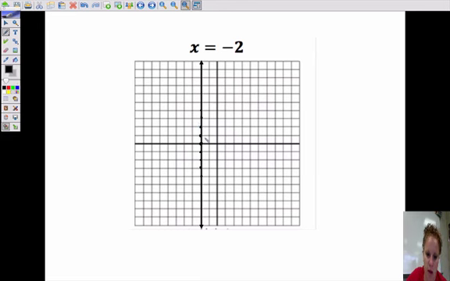And we can plot some points. This is -2, 0, -2, 3, -2, what is this? 2, 4, 6, -2, -4. All these points have an x of -2.